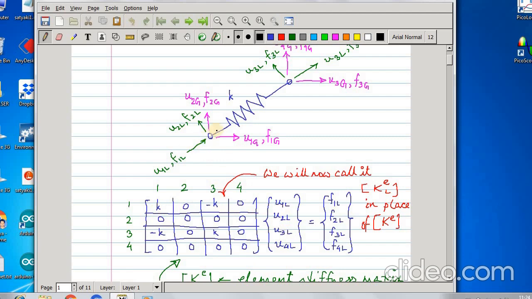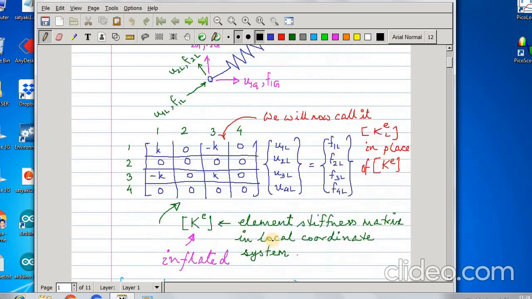And whatever displacement you give in the axial direction or in the transverse direction, F2L will always be 0. So here we put 0, here we put 0, and the axial degrees of freedom have gone to 1 and 3. Previously K and minus K were there for the first and third degrees of freedom, and here also they are for the first and third degrees of freedom. So the second row and column and the fourth row and column are added, and the spring stiffness matrix is inflated.